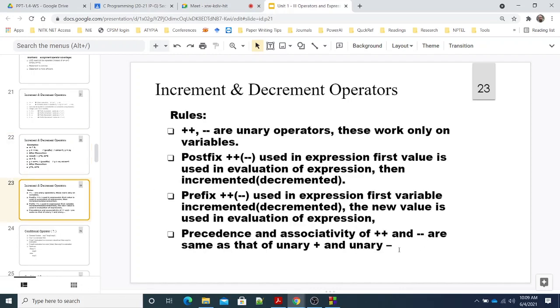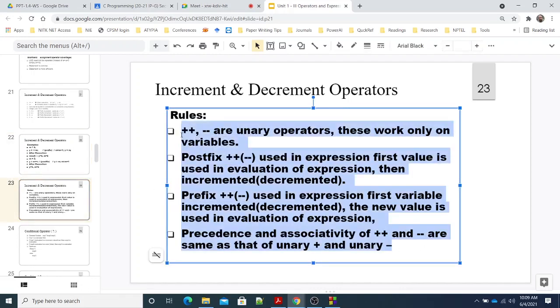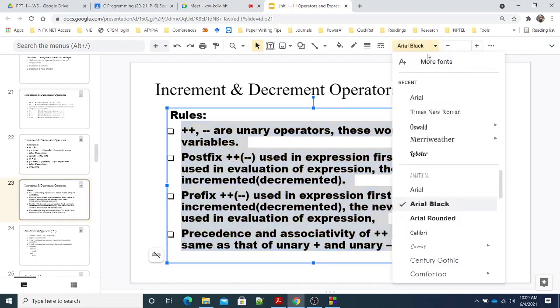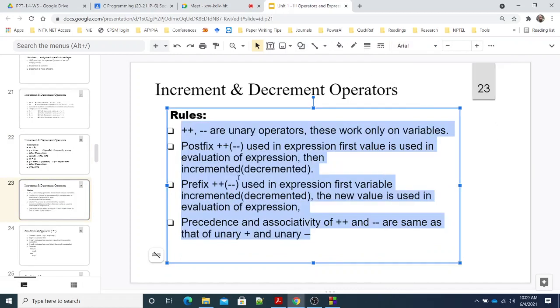So some general statements, whatever we discussed so far, I will put it in plain English. Both are unary operators. These work only on variables, not on constants. Not even on expressions, only on variables.